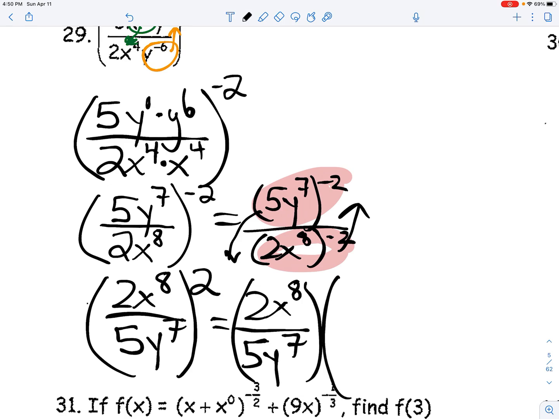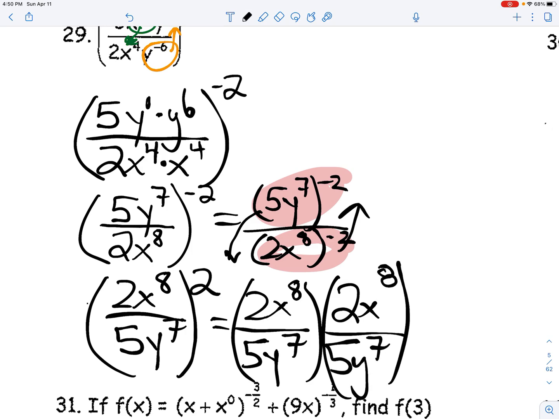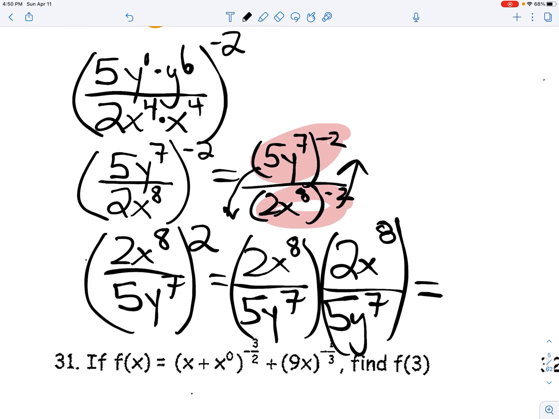And then, like I said, you can square both the top and the bottom here now, or you can write it out 2 times. Once again, options here. So I'll write it out 2 times. That's how I'm feeling today.